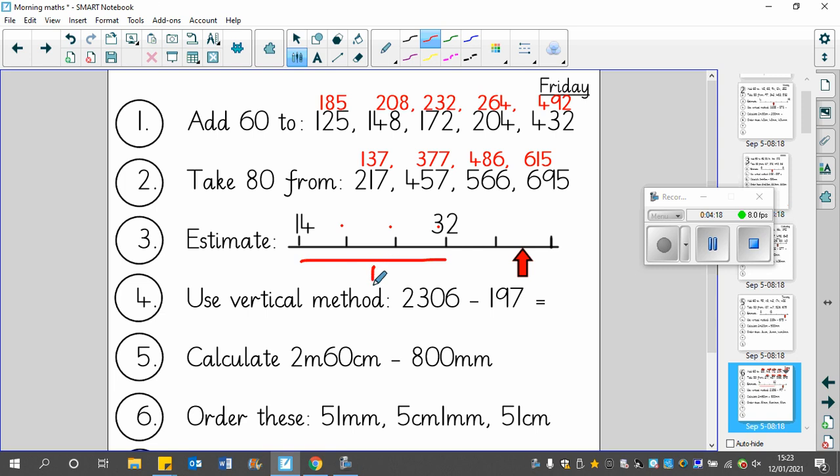So therefore, the length of this red line is 18, let's say 18 centimeters. So if we divide that into 3, then each interval must be, what do you think? Think about it. What must each interval be? If all 3 of them is 18, then each one must be 6.